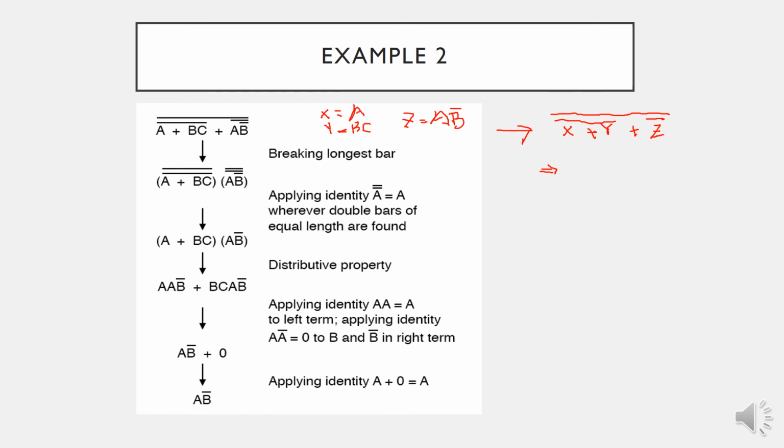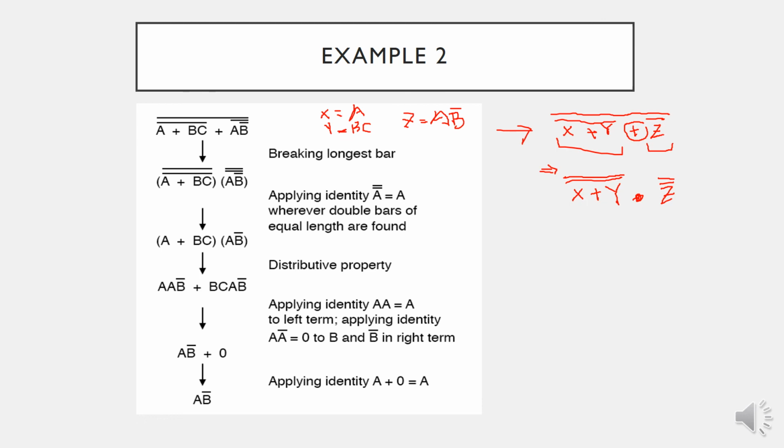We try to break this longer bar, so this becomes one term and this becomes the second term. Since this is an OR operation, our next expression will be x or y inverse and inverse, and the OR will become AND, and z inverse will have another inverse on top of this.